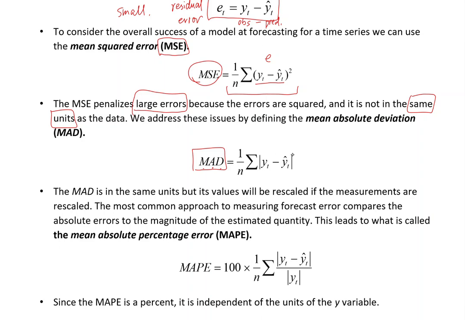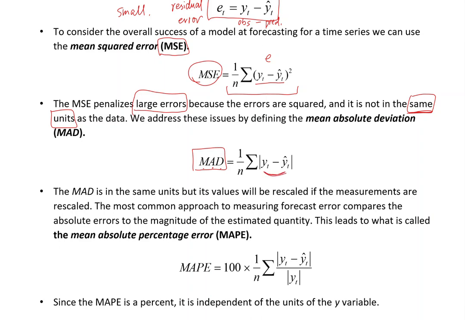I take the absolute value of the residual. Then I don't have the penalty for the large errors, right? So we solved the first problem. All right, so this will be the MAD. We solved the first problem, but we still have the problem with the unit, right?